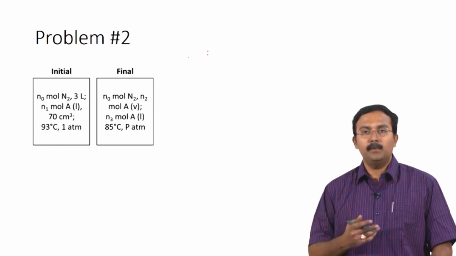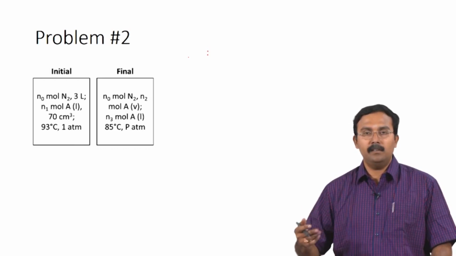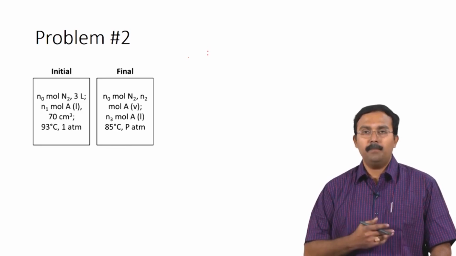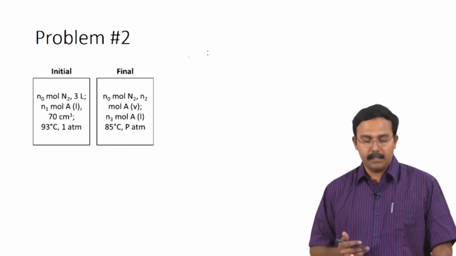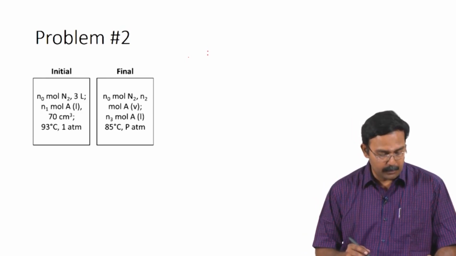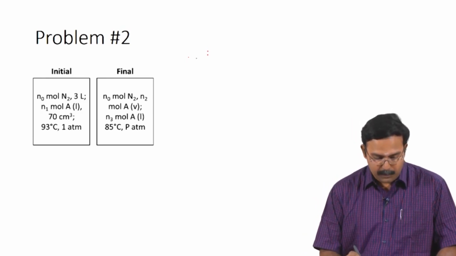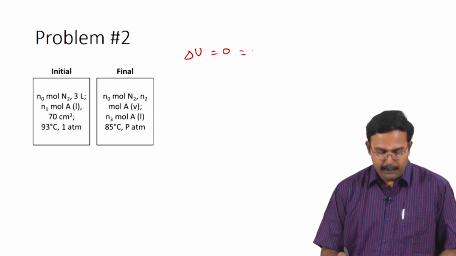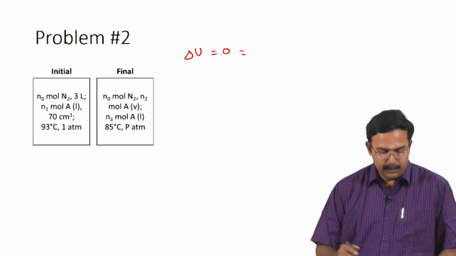So, using that we would have an equation which has one unknown, which would be the number of moles of vapor component A in the final condition. So, N2 would be the only thing which we need to calculate from here. So, the equation is delta U equal to 0, which would be equal to final minus initial.